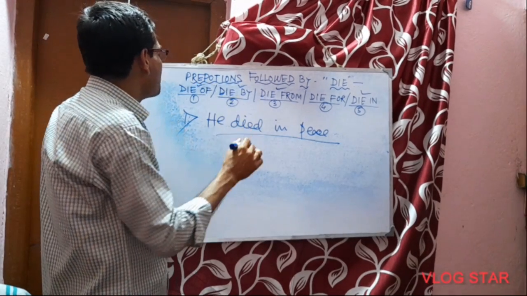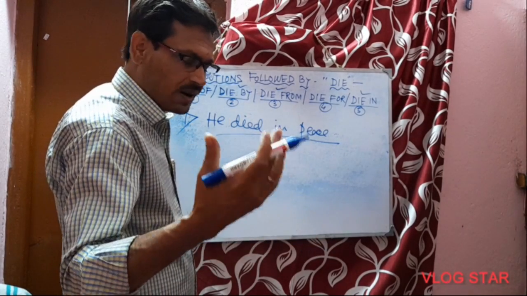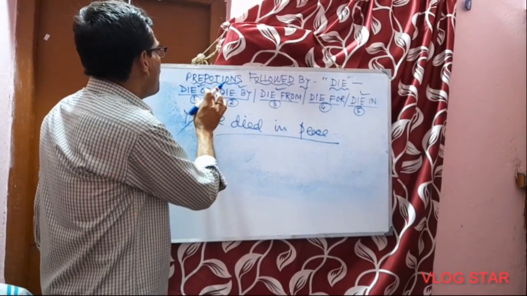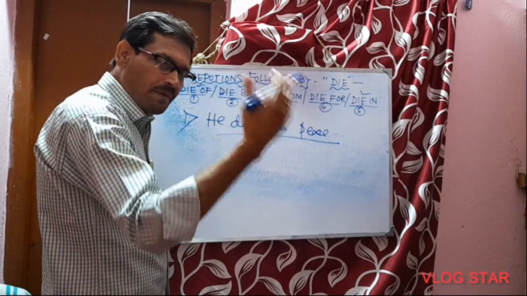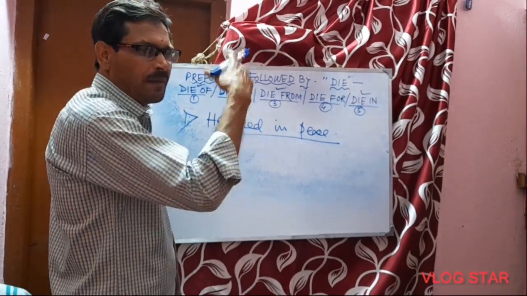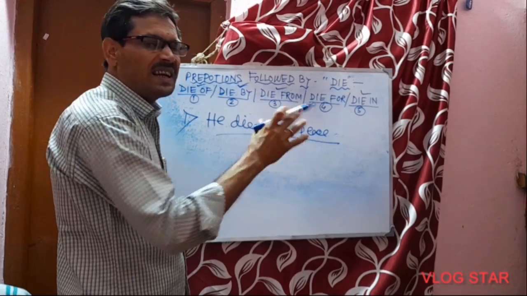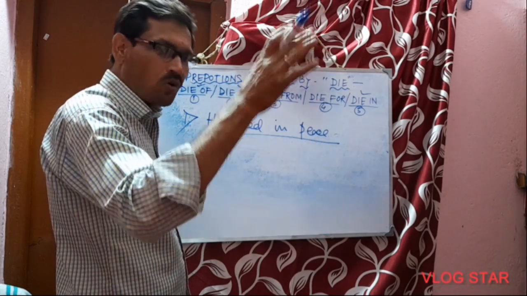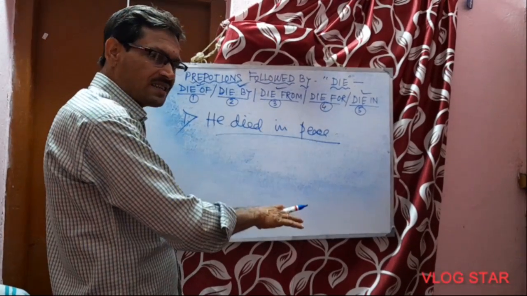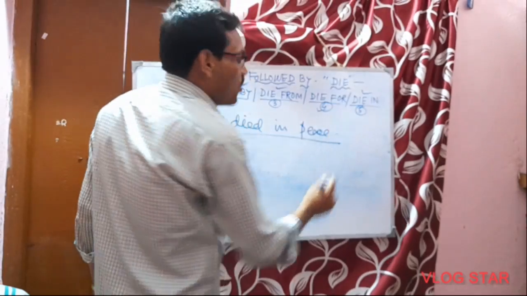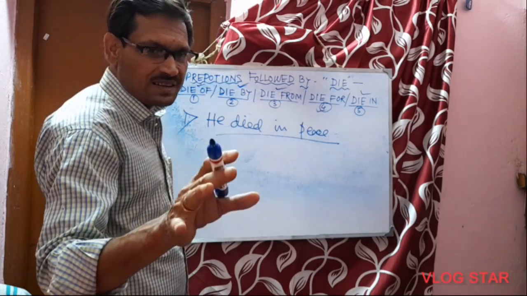I again try to remind you: of indicates disease; by may be violence, poison, accident, or suicide; from indicates the effects, maybe hunger, overwork, negligence, okay. Number 4, die for something, just as he died for his country, okay.